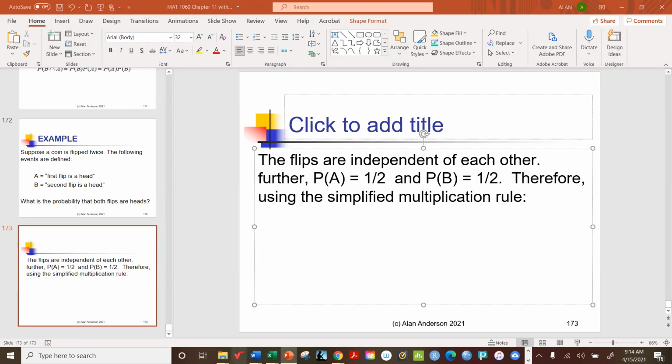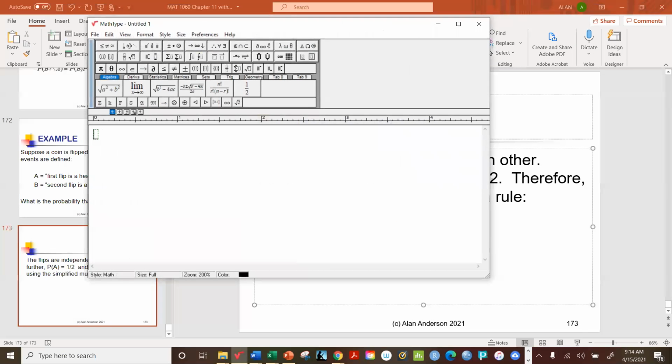And what is that going to give me? Okay, now see how easy that is. It's just the probability of the two individual events, 1/2 times 1/2, which is 1/4.